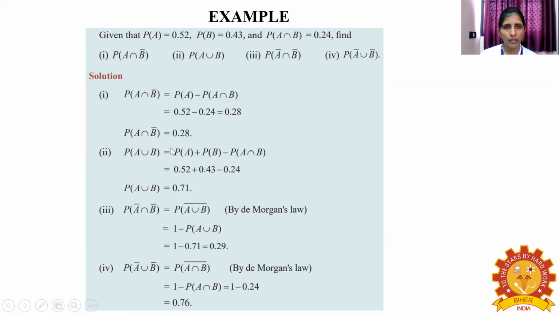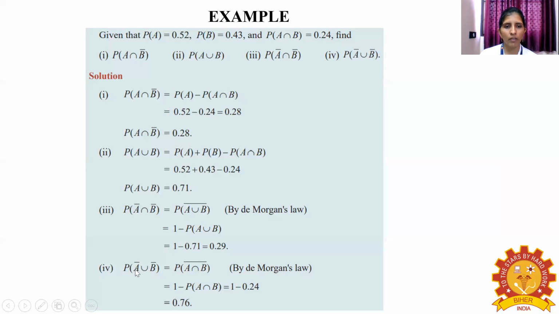And for P of A union B, we substitute into the formula and similarly we get 0.71. P of A bar intersection B bar is nothing but the union of the whole bar. So we get P of A union B the whole bar, which is equal to 1 minus P of A union B. This is a complementary event, so we already know the formula: P of A is equal to 1 minus P of A bar, so P of A bar is equal to 1 minus P of A. So the solution will be 0.29.